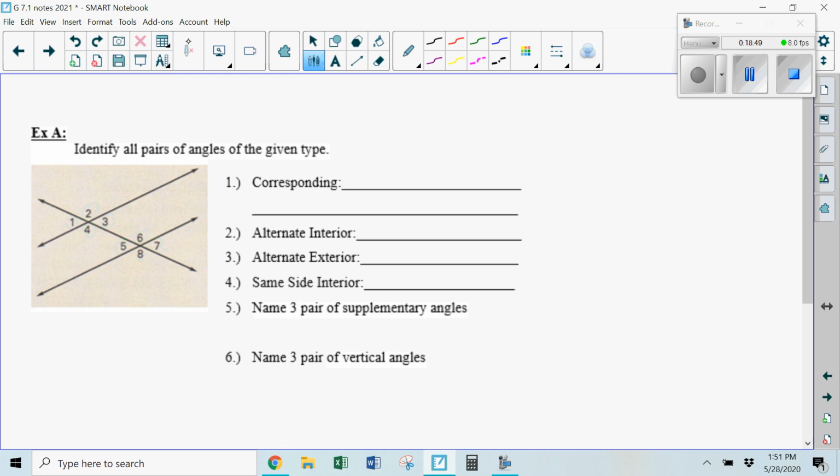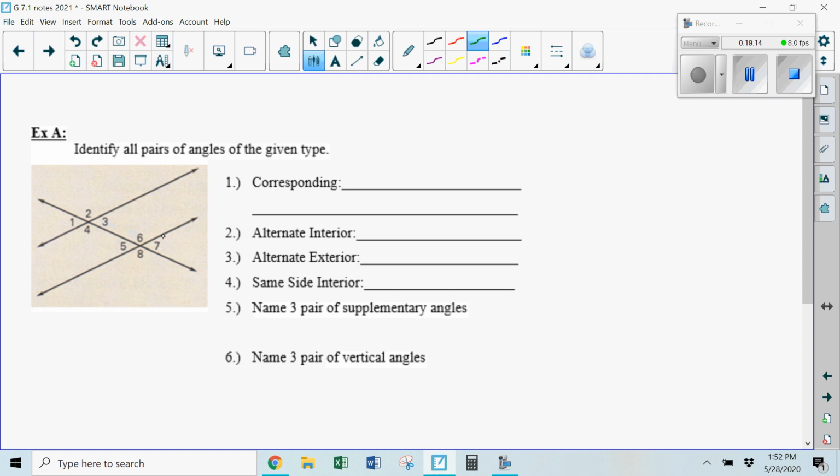There are 4 pairs. Alternate interior: 4 and 6, 3 and 5. Alternate exterior: 2 and 8, 1 and 7. Same side interior: 4 and 5, 3 and 6.